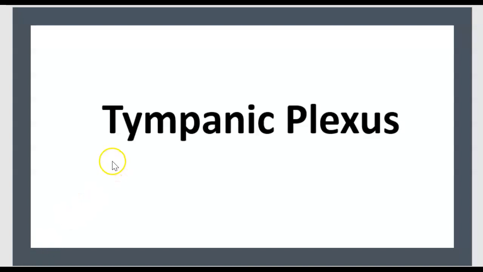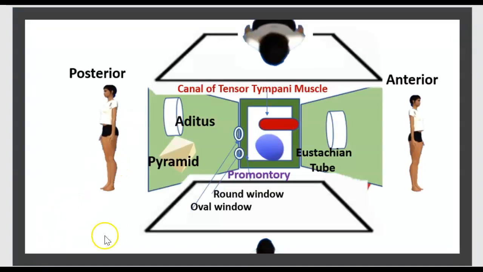Now the structure of the tympanic plexus. Here's a reminder of the middle ear. Inside, the roof and the floor, posterior and anterior.